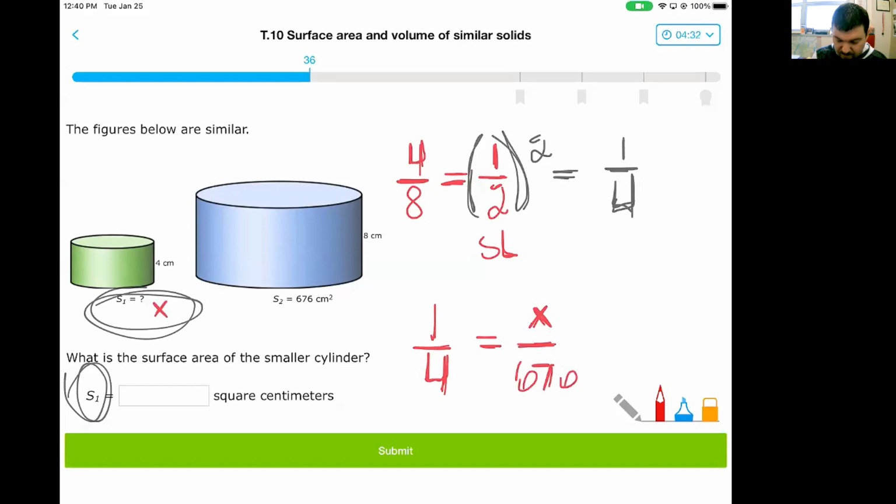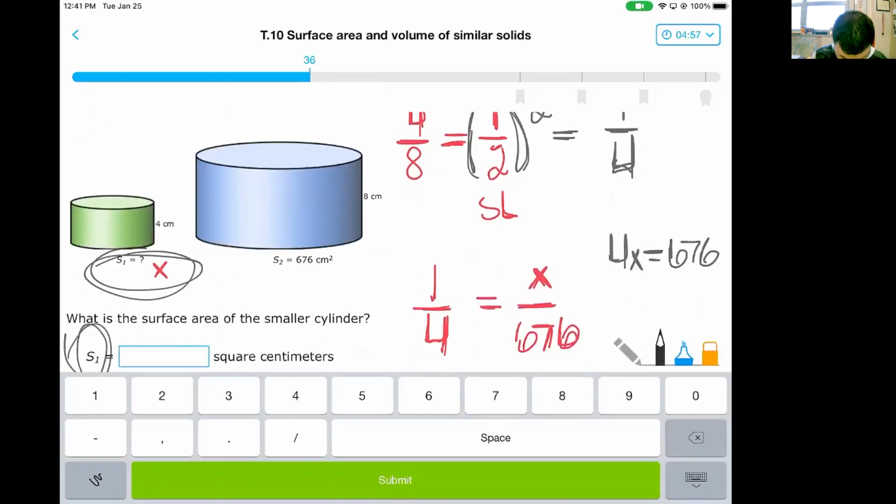Sorry about the writing there. This is IXL. They need to fix their writing system. And then I'm just going to cross multiply that. And so 4x equals 676 times 1, which is still 676. And then divide 676 by 4. And that's going to give you 169 centimeters squared.